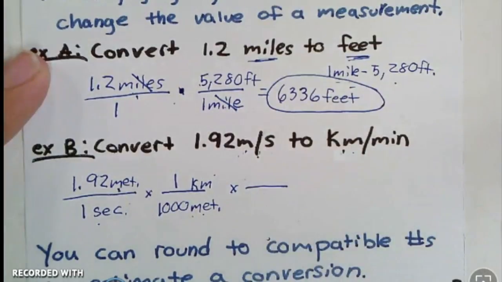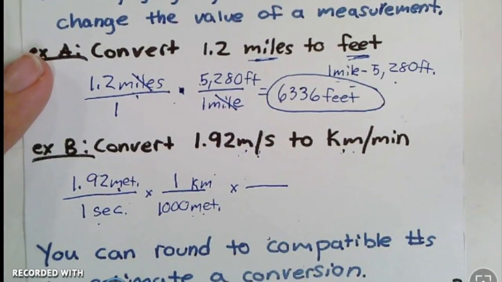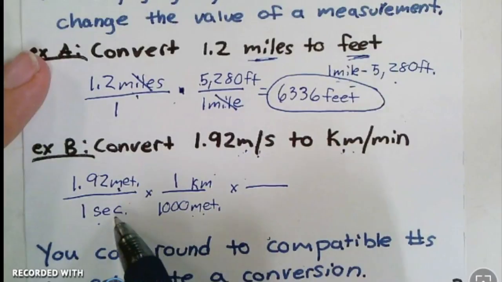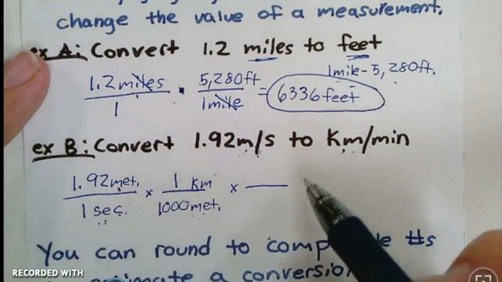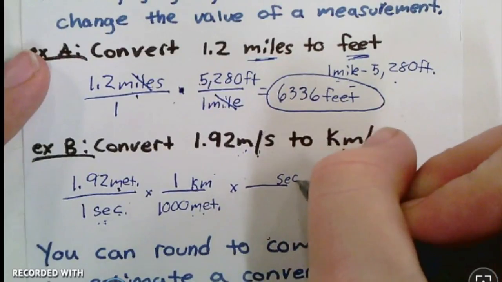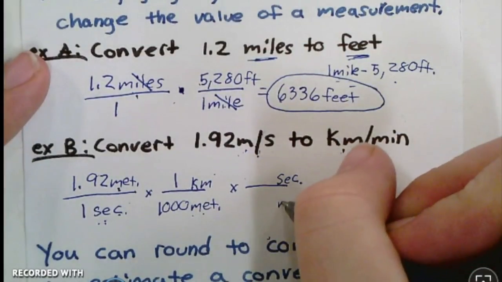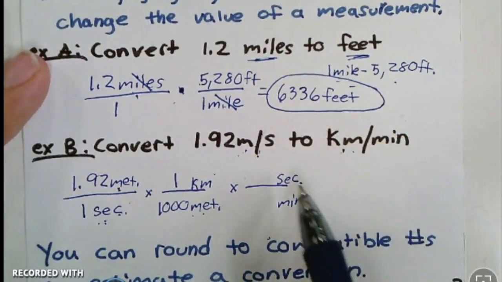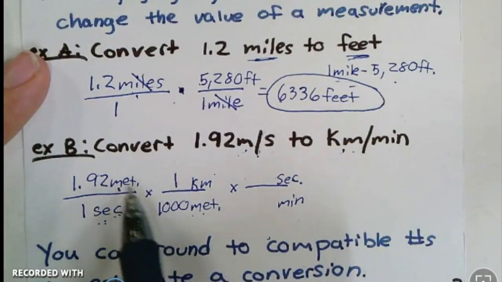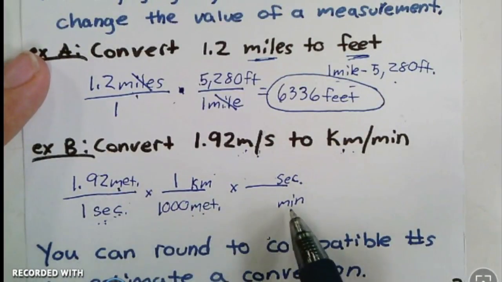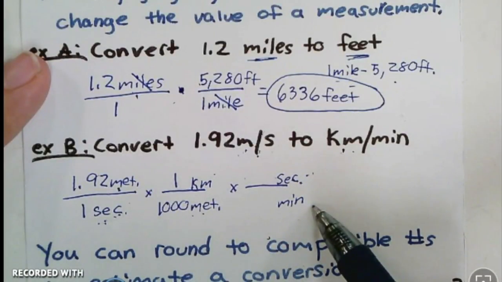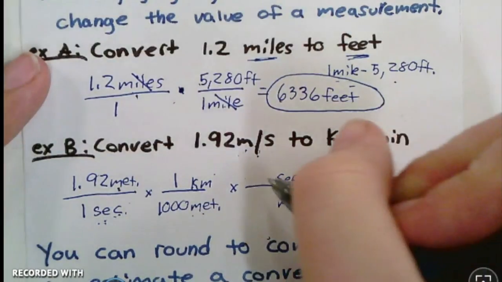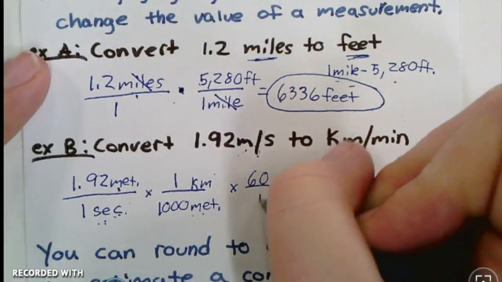I'm going to multiply by another conversion factor that switches my seconds. Seconds are on the bottom here, so seconds are going to go up top, and minutes are going to go down bottom, because I want them to cross out just like I wanted those to cross out. So what is the relationship between seconds and minutes? 60 seconds in 1 minute.